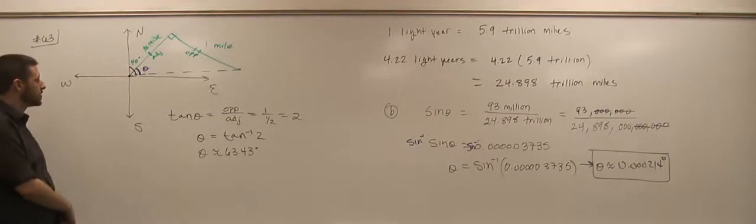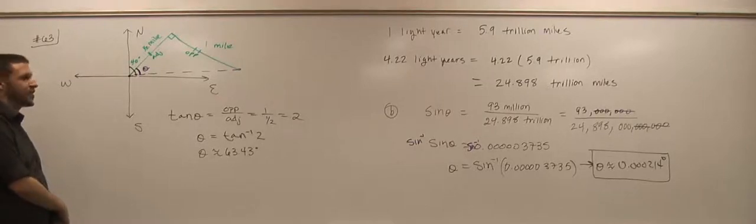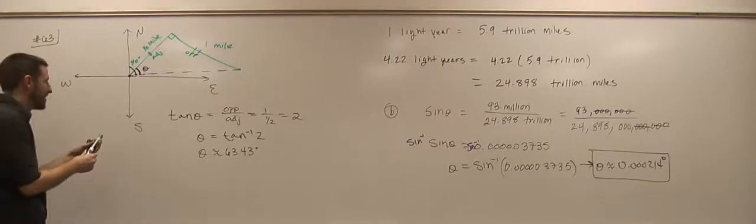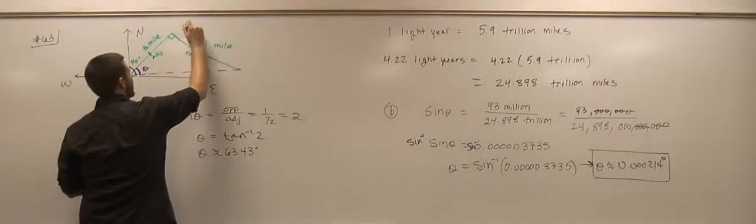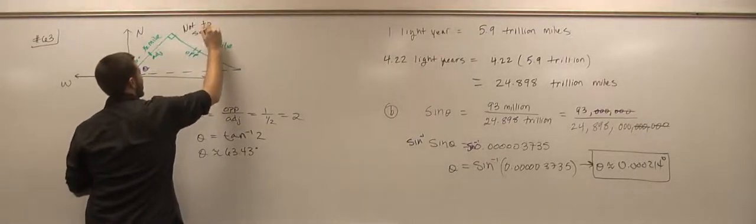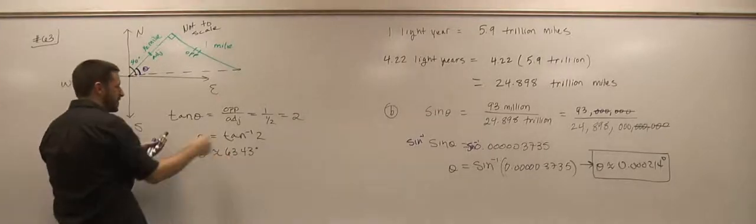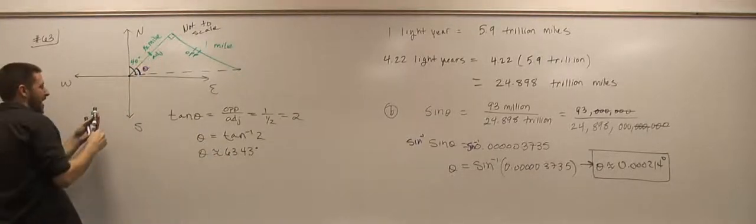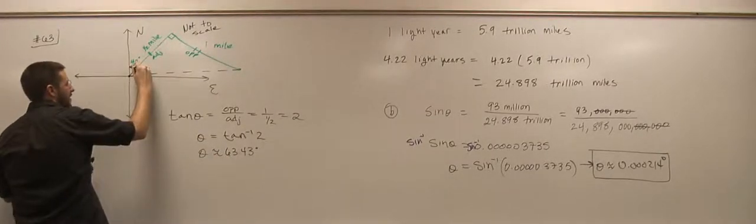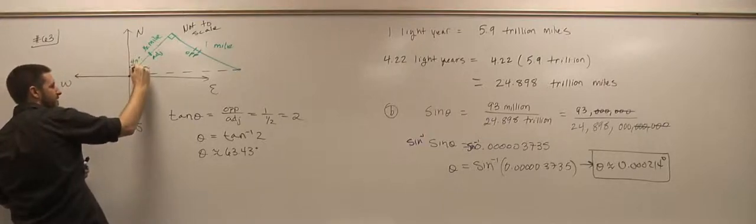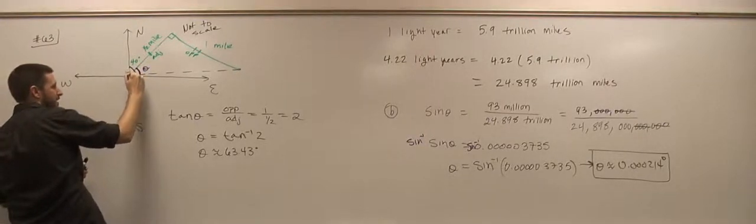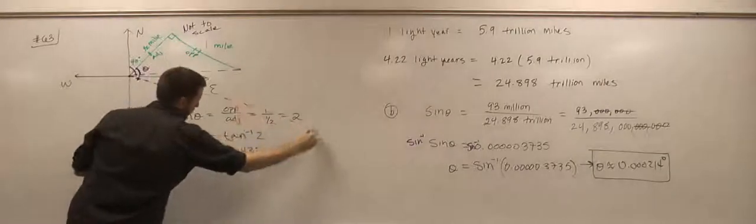Oh, interesting. What's that mean? It's more than one. My drawing's kind of off because my scale is not to scale. Since it's 63.43 degrees for this angle, and you only have 50 degrees left here, it's actually going to come down a little bit this way. So it goes way out here.